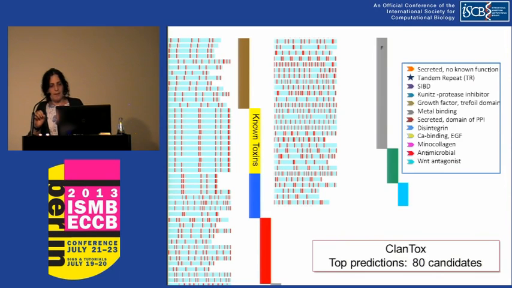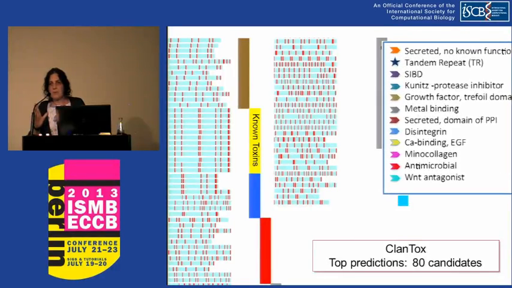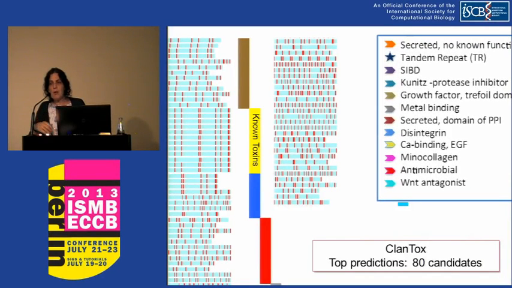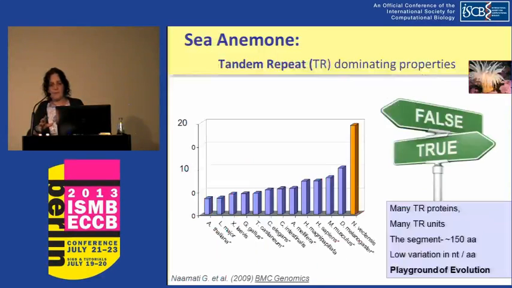So the non-toxins are a subgroup of this, and most of the others were initially unknown, but with some bioinformatics data mining, you can see that they're related to some quite interesting functions, such as antimicrobial, calcium binding, protease inhibitors, and so on and so forth. Altogether, we found 80 new interesting candidates.